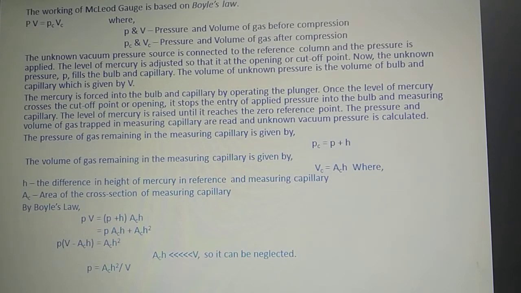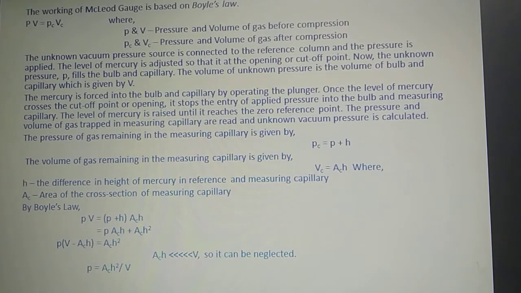The volume of the gas remaining in the measuring capillary is given by VC, volume after compression. VC is equal to the area of the mercury manometer tube times the height of the liquid column. So VC is equal to AC H, where H is the difference in the height of the mercury in the reference and the measuring capillary, and AC is the area of the cross section of the measuring capillary.